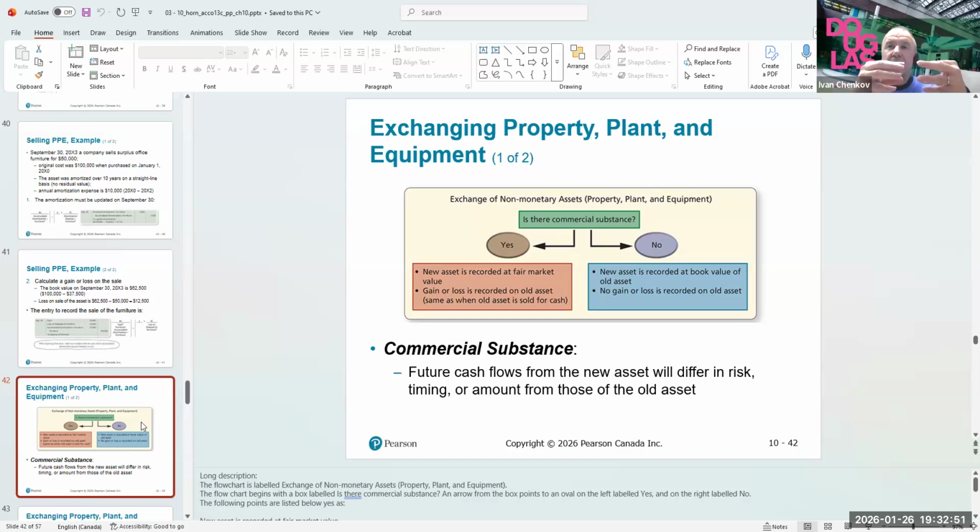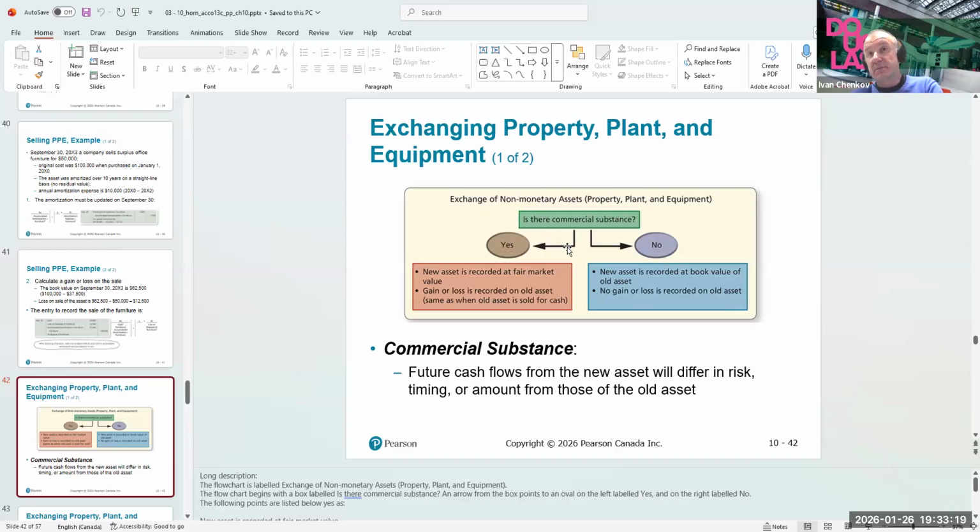Are they the same or similar to what we have? If they're exactly the same, that's considered no commercial substance. If they're not the same, there's a commercial substance. If there's no commercial substance, the new asset is recorded at the book value of the old asset, and there's no gain or loss. That's how you should remember it.